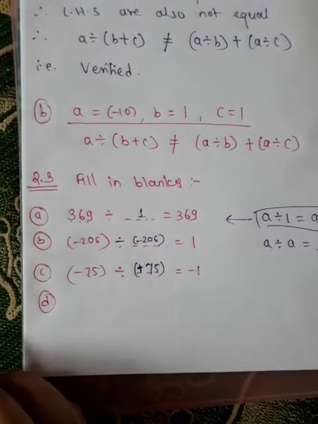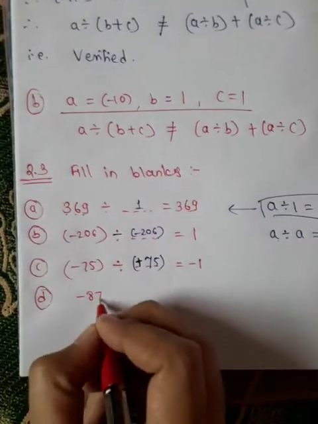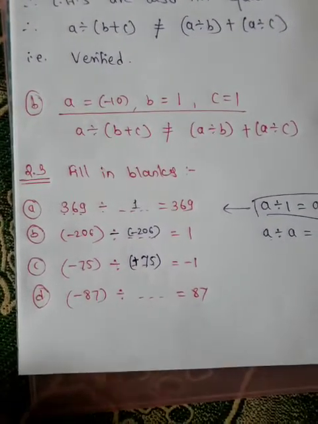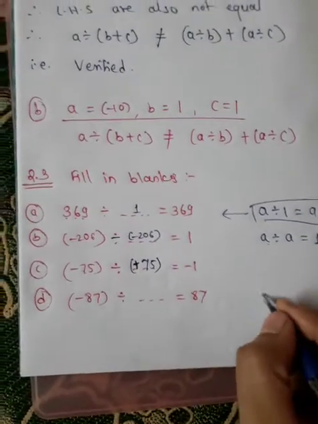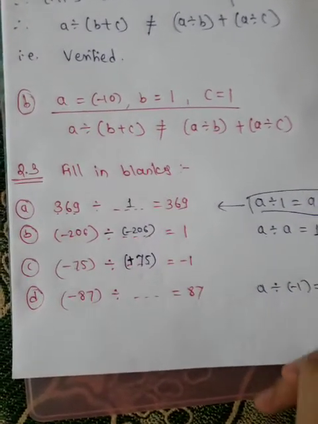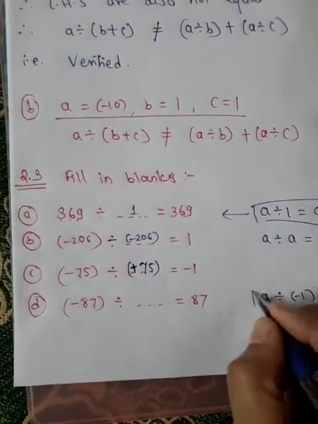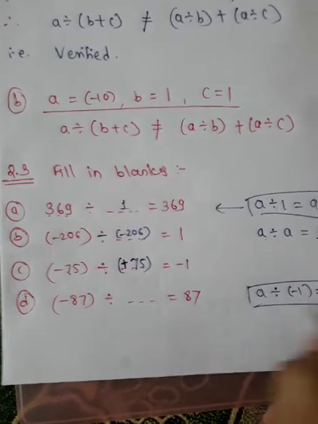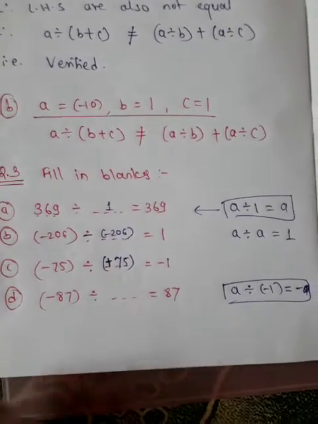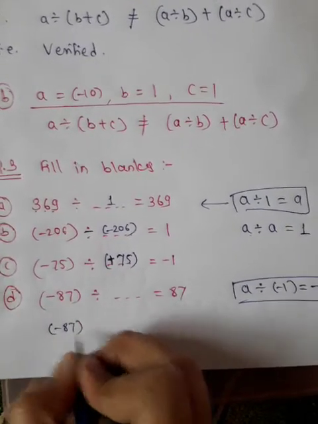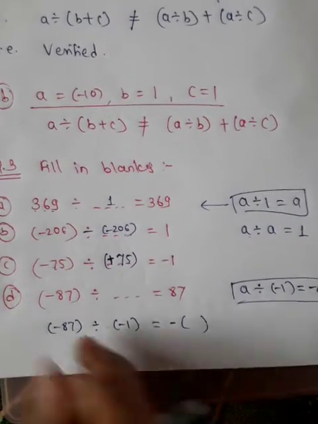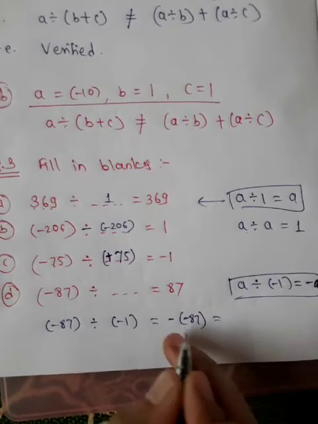Number D is minus 87 divided by dot dot dot gives you 87. So here also the next property: when we divide any integer by minus 1 it gives you minus of that integer. Here minus 87 divided by minus 1 gives you minus of minus 87, and what is minus of minus?